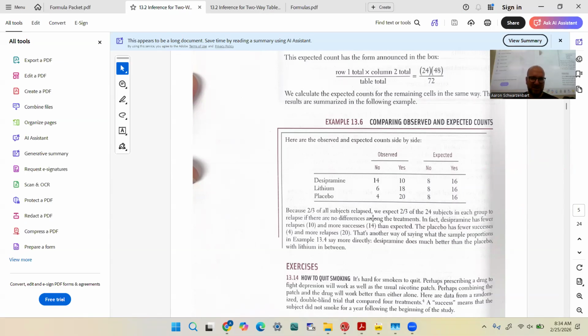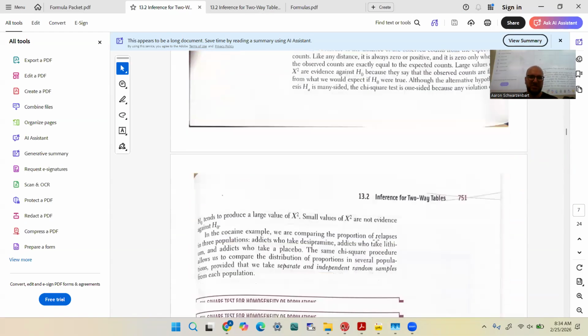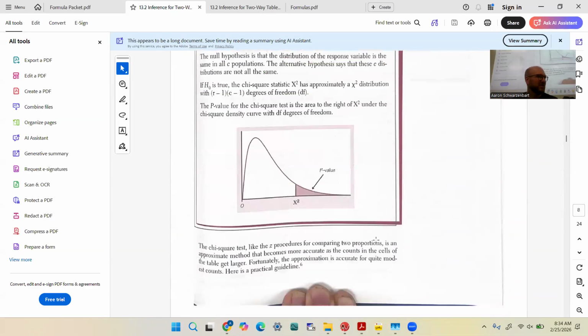So that's calculating it. I do not think you'll have to show the calculations, but it would not surprise me at all if you have to show an expected value if chi-squared is on your exam.